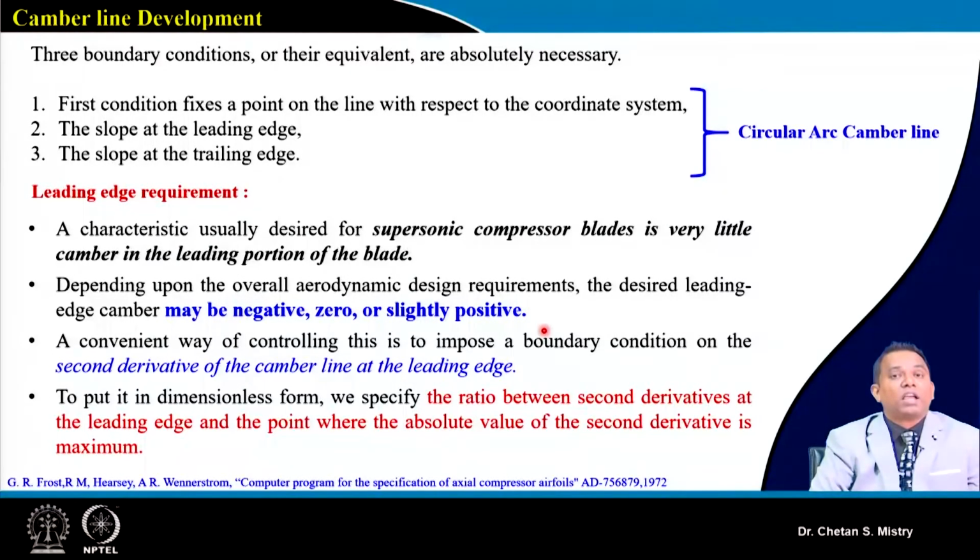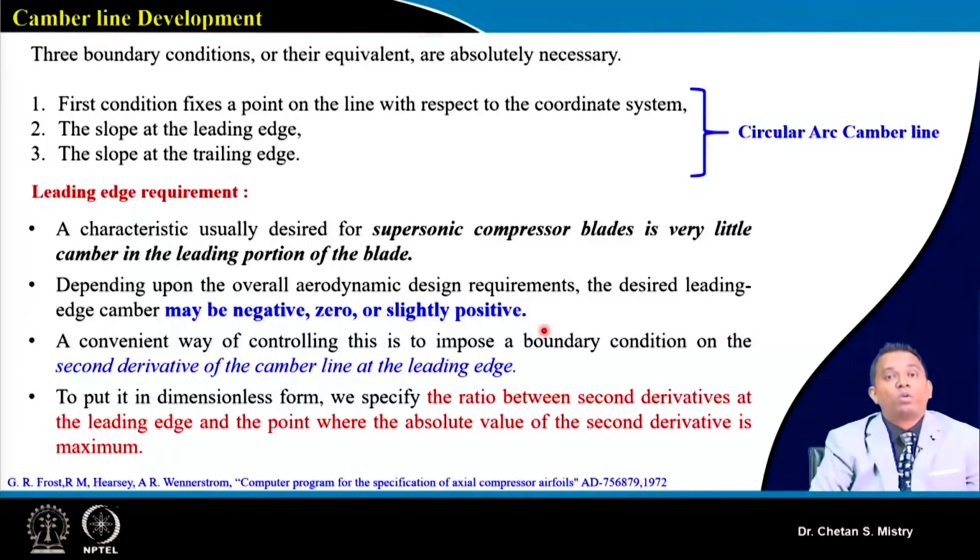We are now discussing the development of transonic airfoils. Under that condition we are looking for some special conditions. Many supersonic airfoils require a little camber near the leading edge. This camber may be 0, negative, or positive.